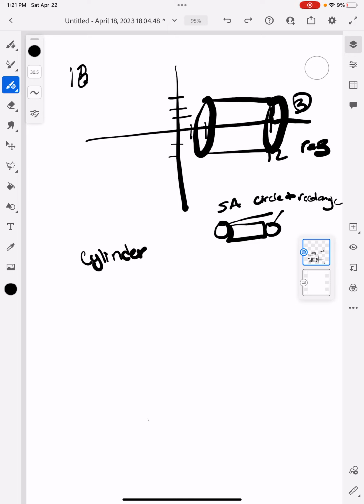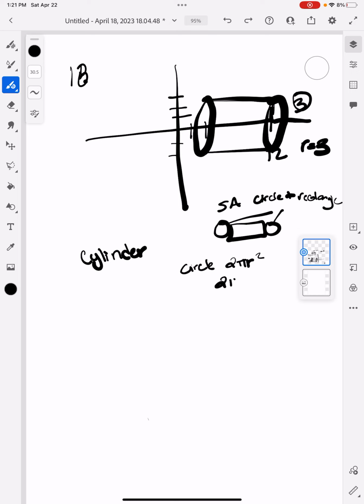So I know my radius, so I know that the area of the circle is going to be pi r squared. So each circle then is going to be pi times 3 squared, which would be 9 pi. And I have 2 circles, so that gives me 18 pi for my circles.